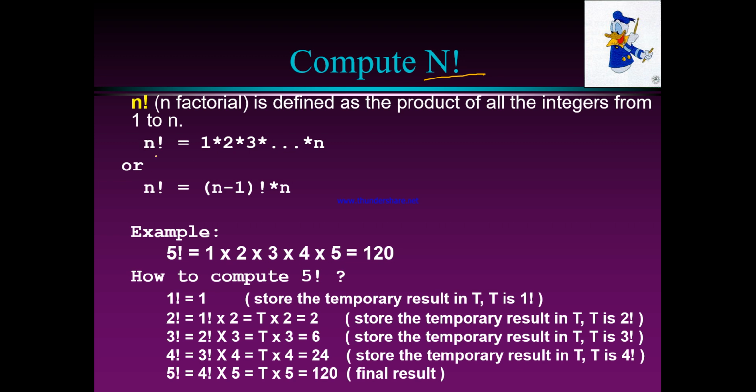The formula for n factorial is: if there is a number n, all the numbers less than n will be multiplied, including that number, and the result, which can be considered as x or t, will be the result of the n factorial and can be shown on the screen.